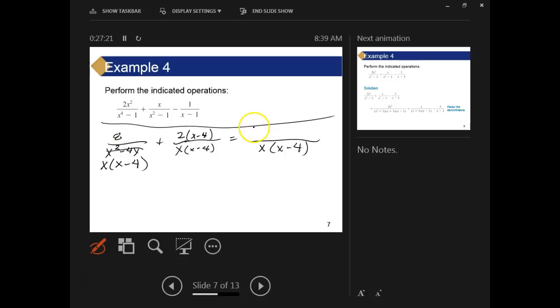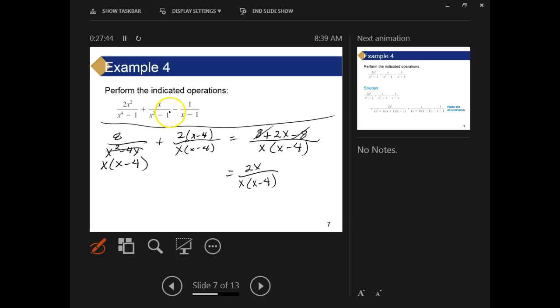What we're going to do now is add the numerators. First numerator is 8 plus what? 2x minus 8. And what does that leave us with? Yes, because 8 minus 8 is 0. 2x over x times x minus 4. Okay?